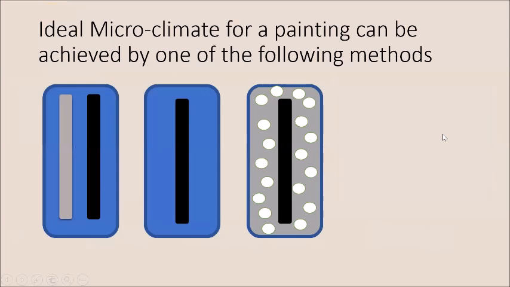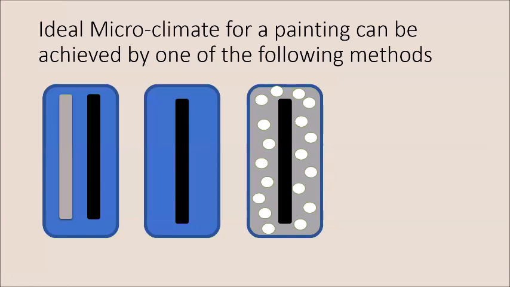Starting from the frame. Ideal microenvironment of a painting can be achieved by one of the following methods. There are three pictures, three rectangles. This is the cross section of the system of the frame or the painting.